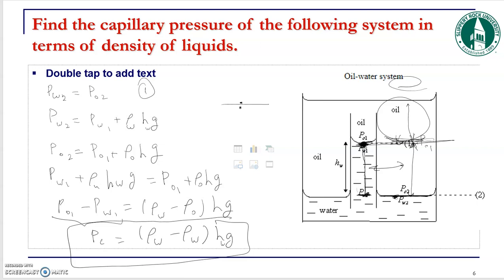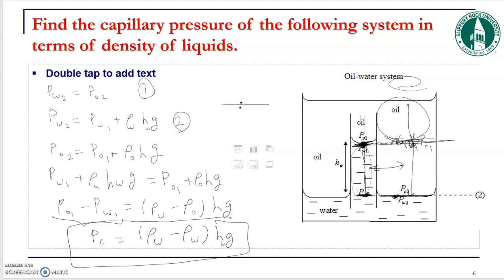Another equation was PW2 is equal to PW1 plus rho G H. So PW2 equals PW1, whatever pressure is being applied to this point, plus the hydraulic height.